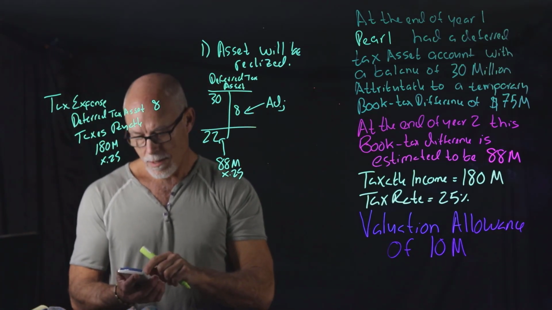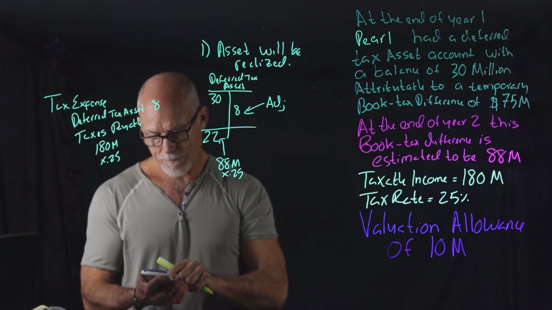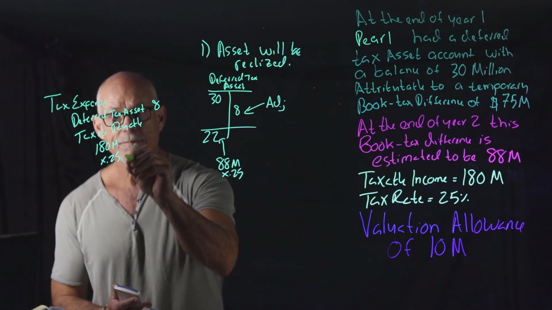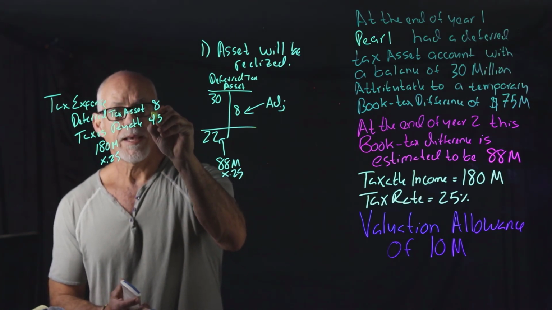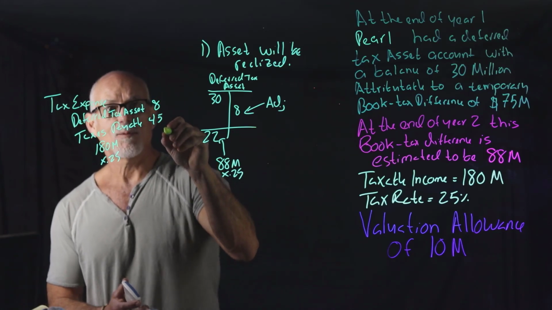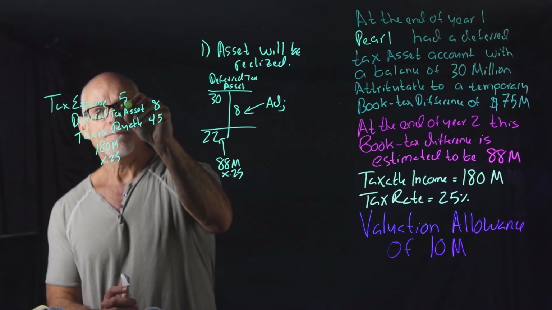Okay, so 180 is 45, and what that gives me is tax expense equal to 53.